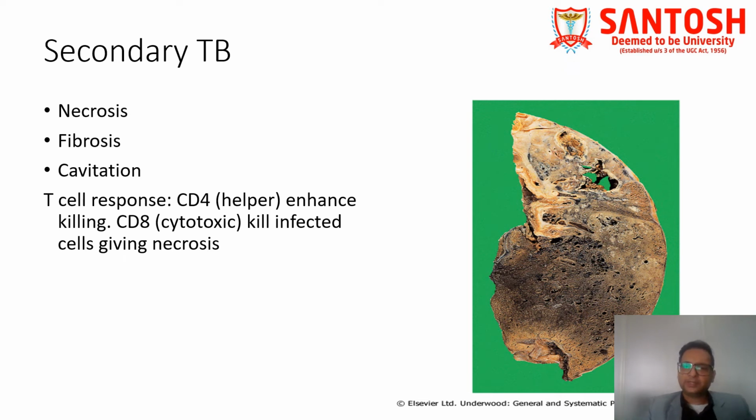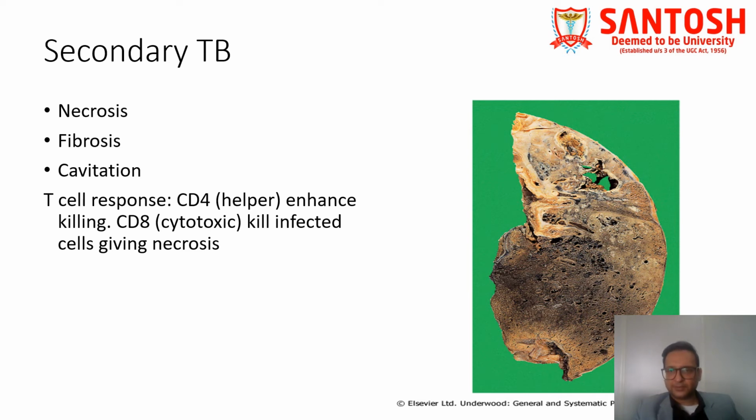I've already told you that in secondary tuberculosis, usually there is formation of fibrosis and cavitary lesion. Important features of secondary tuberculosis are necrosis, fibrosis, cavitation, T cell response, CD4 enhancing killing, and CD8 killing infected cells, giving rise to necrosis. You can see this is a section of lung.